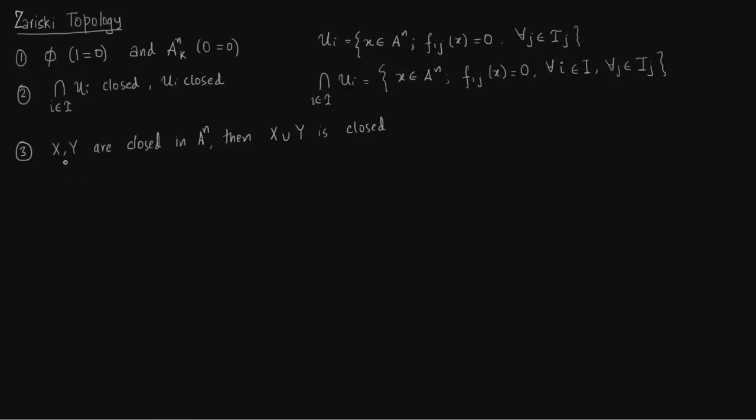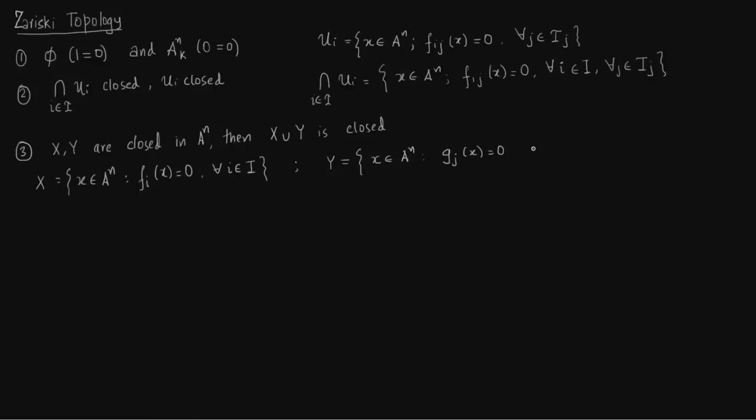So you start with the set X, you take the points of A^n where f_i(x) is 0 for all i belonging to the index set I, and then you define another set Y. Again, you have to define the polynomials.